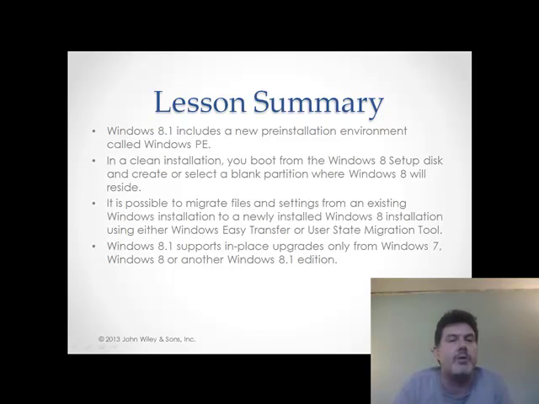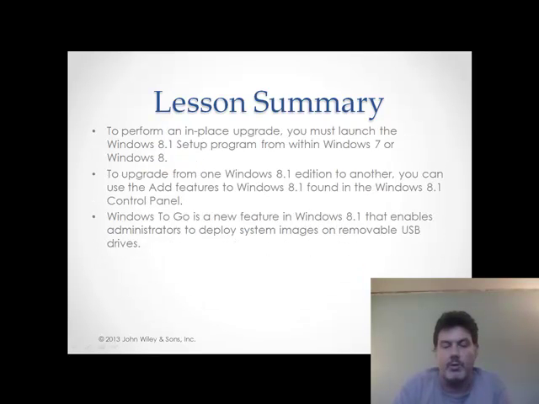Now, it is possible to migrate files and settings from an existing Windows installation to a newly installed Windows 8 installation. We either use the Easy Transfer tool or the User State Migration tool for that purpose. And of course, Windows 8.1 will support in-place upgrades only from Windows 7 and from Windows 8 to another 8.1 edition.